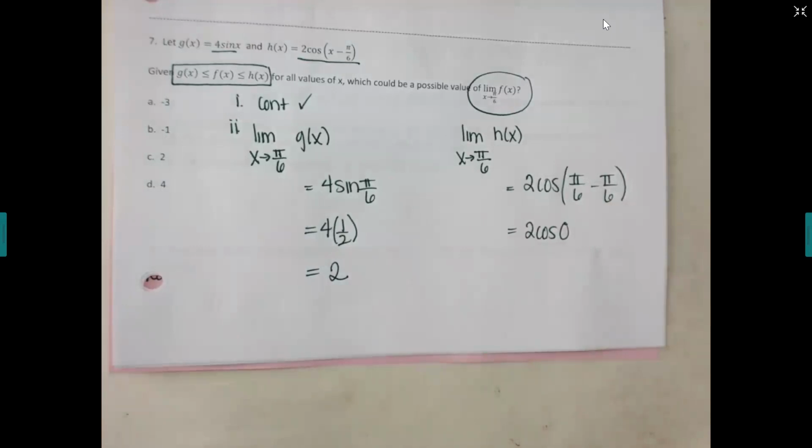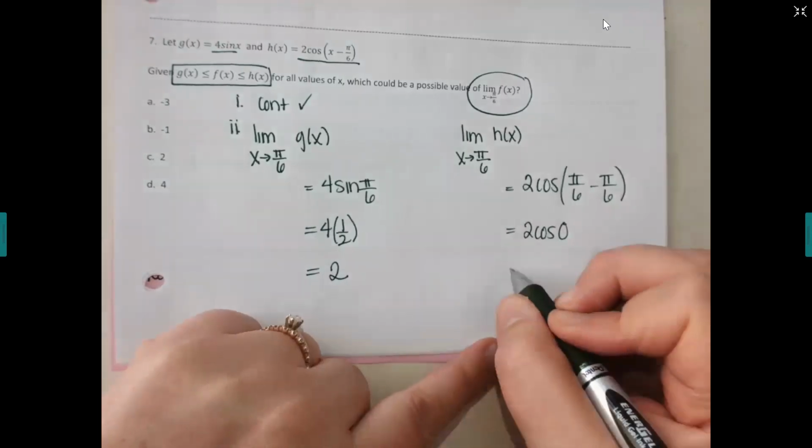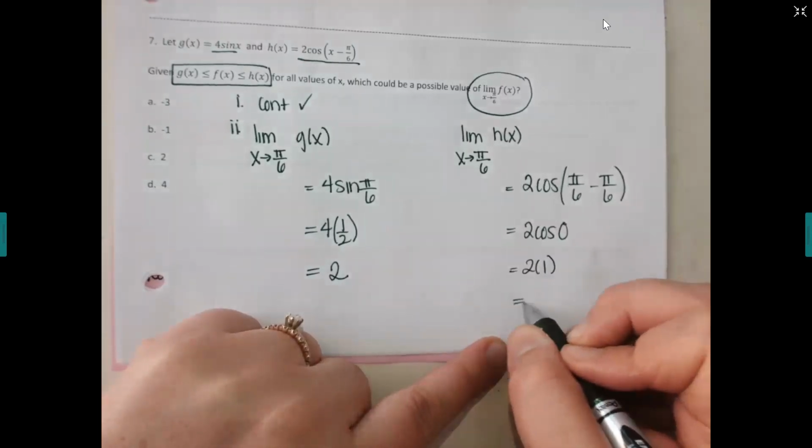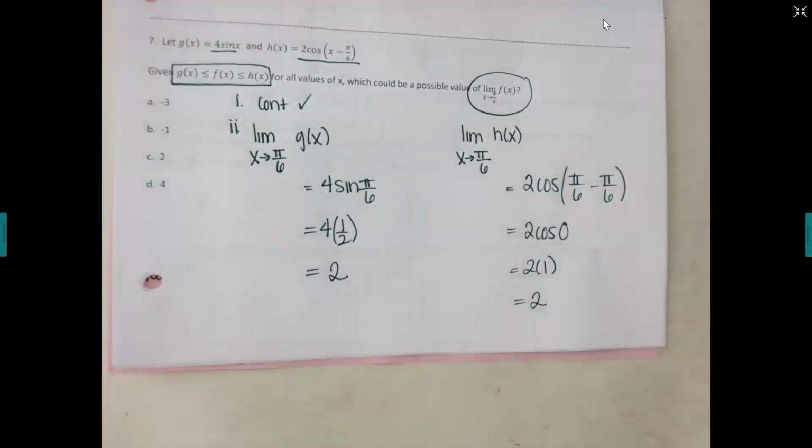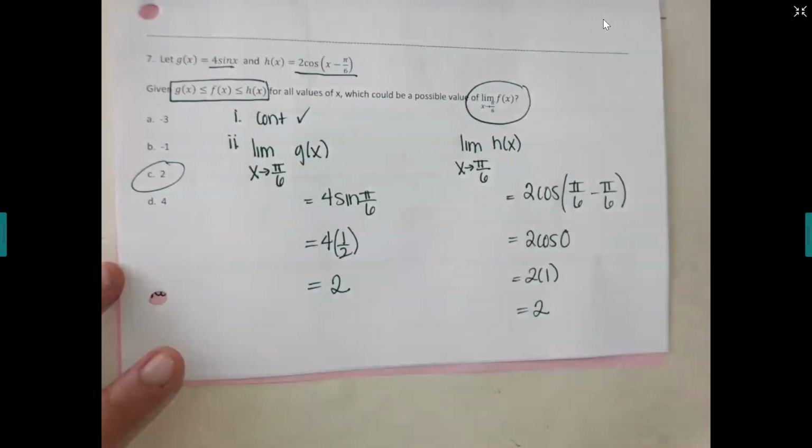And so if all of them are up, that's root 4 over 2, which is 2 over 2, which is 1. So I'm going to have 2 times 1, which is also 2. The only way for F to have a limit between 2 and 2 is for it to also be 2.